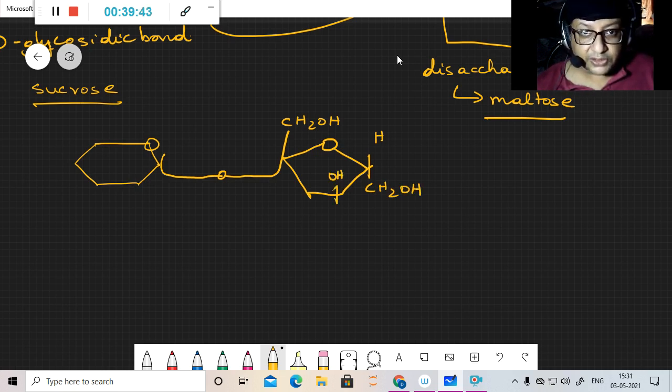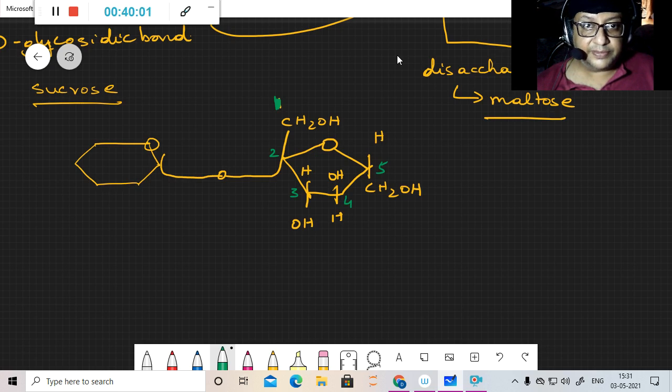The OH is on the top, H below, H, OH. Let's draw it with a different color. This is 1, 2, 3, 4, 5 and 6. Similarly, this is 1, 2, 3, 4, 5. This is 6.